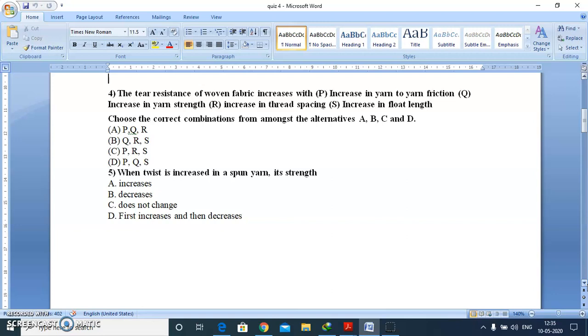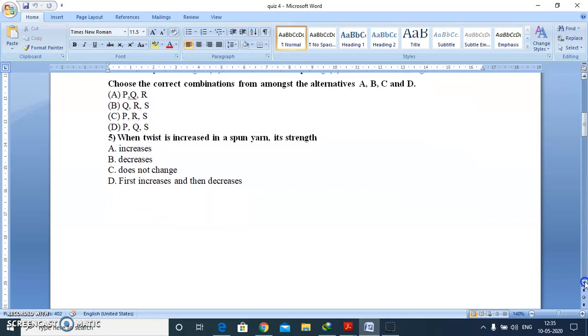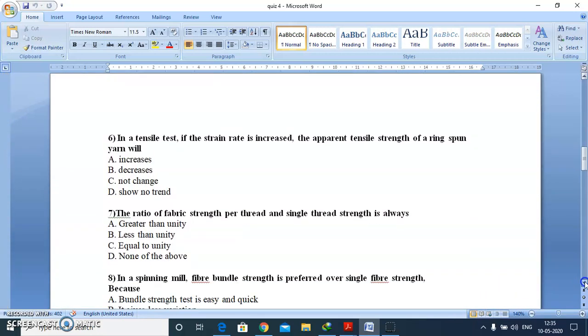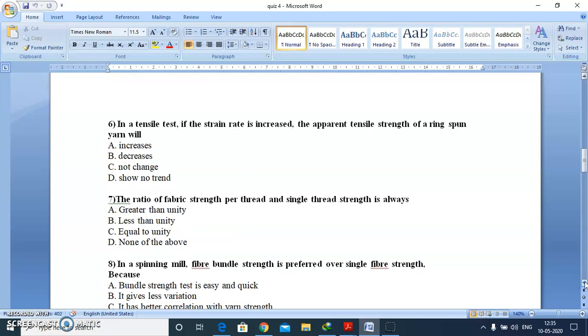Now next is when twist is increased in a spun yarn, its strength. As we all know, the yarn strength first increases with yarn twist and then decreases. So we'll go with option D here. Now the next question is, in a tensile test, if the strain rate is increased, what is the effect on apparent tensile strength of ring spun yarn?